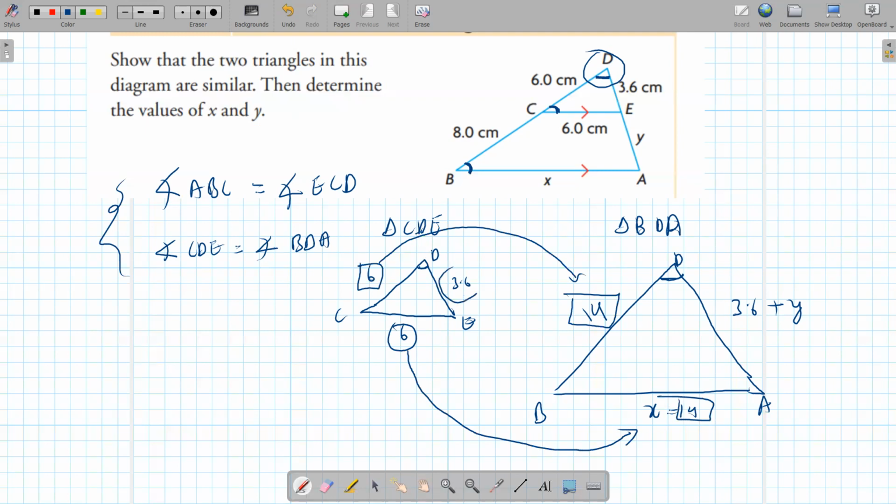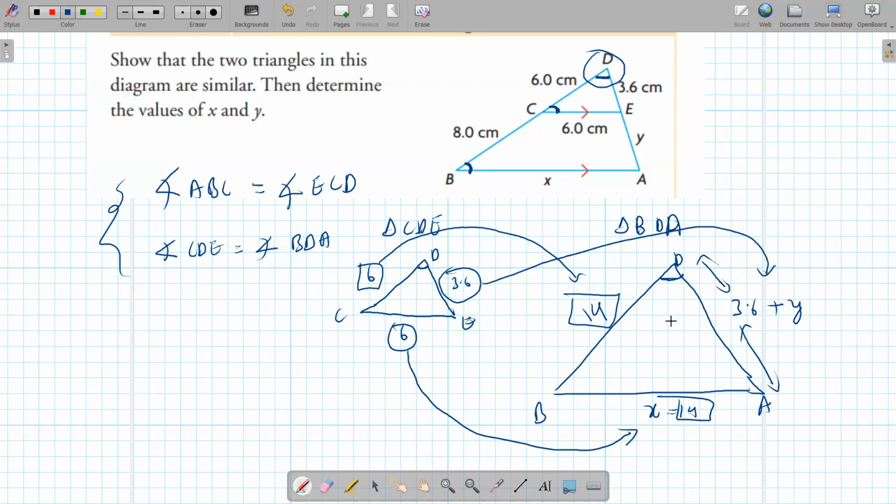If this is 3.6, what is the side length of this side? 8.4. Right, 8.4. So this entire thing is 8.4.